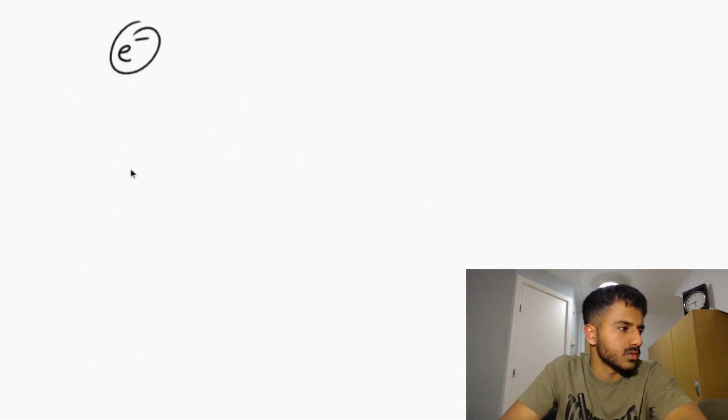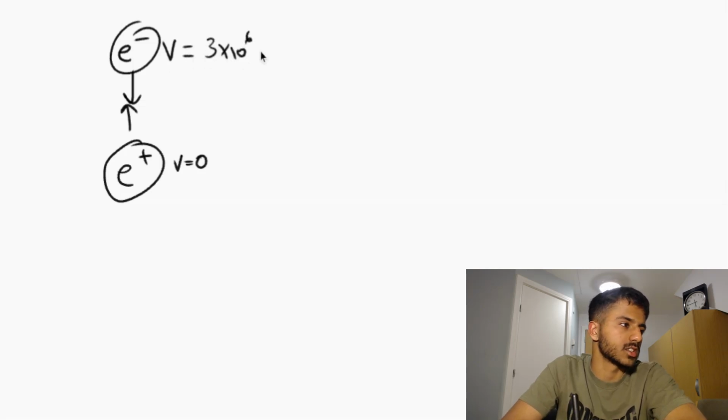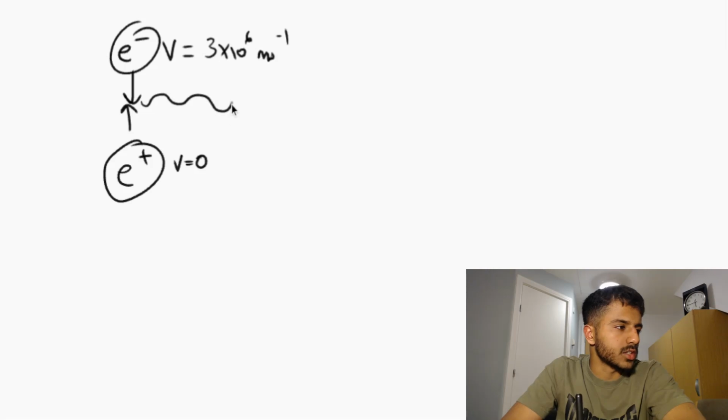Let's look at another case. This time let's say we have an electron and its antiparticle, which is the positron, and they collide with each other. But this time, this positron has an initial speed of 0, but the electron has some speed, let's say 3 times 10 to the 6 meters per second. As you would expect, they will collide and two photons will get released.